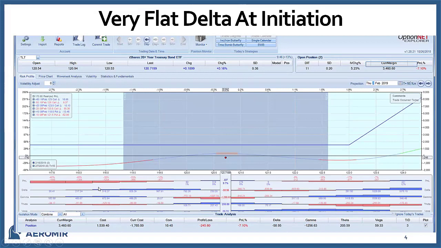Here's the position at initiation. In this case, we went with the longer dated debit spread. This is our longer dated call spread. This is when TLT was just under 121, at 121.72. We put on a 123, 125 February call spread. So we bought 50 of the 123 calls and sold 50 of the 125 calls.